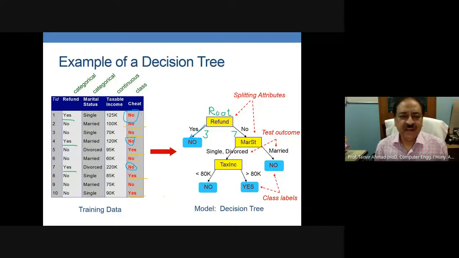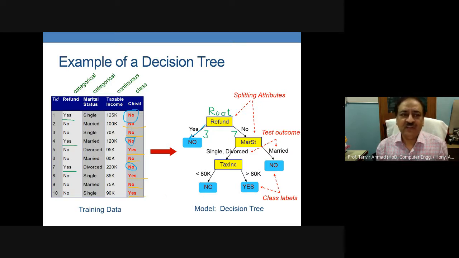Therefore, you find that there are 3 yes and 4 no. Is it clear? There are 4 no's and 3 yes. And if I get 3 yes and 4 no's, that means the partition is not pure, and therefore I have to further build the tree.